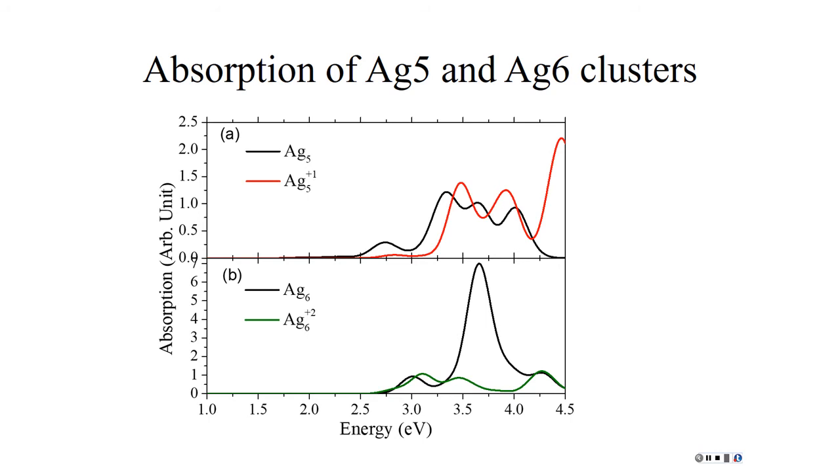And the next one can be tuned by changing the cluster size. You'll see here the intensity is increasing for 2 plus, compared to previously. But in the other one, the highest energy peak is going to be dark in this case.